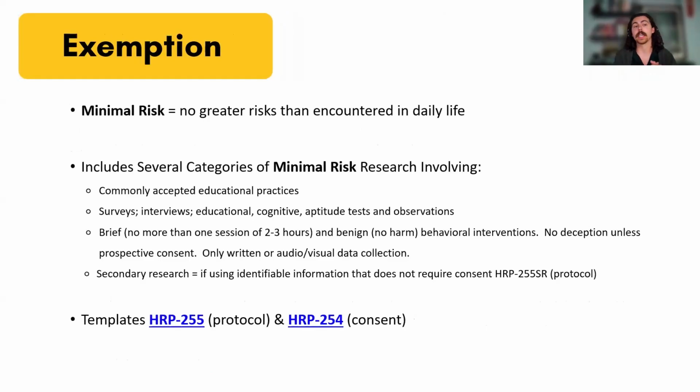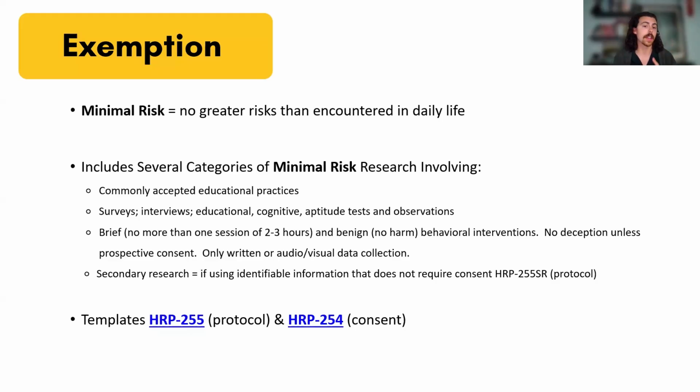The next category up is exemption. So this is for research that is minimal risk, meaning that the things that participants will have to do are not really out of the ordinary, and it's something they might encounter in daily life. There's a lot of different categories for what minimal risk can be, but some main ones are: the research takes place in a commonly accepted educational setting.